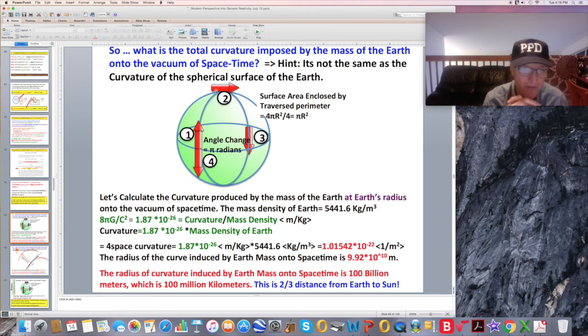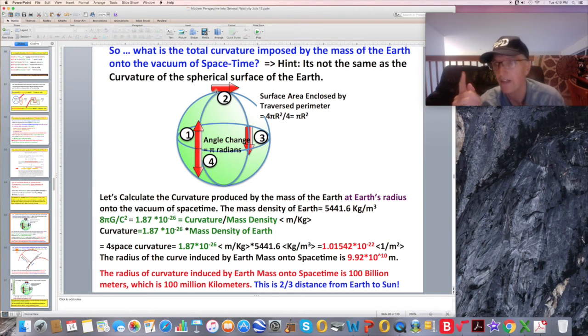So the radius of the curve induced by the Earth's mass onto space-time is 9.92 times 10 to the 10 meters. That's the radius when you flip that. Let's see now, 1 over meter squared. When you flip the 1.01542 times 10 to the minus 22, you get a number, but that's for meters squared.